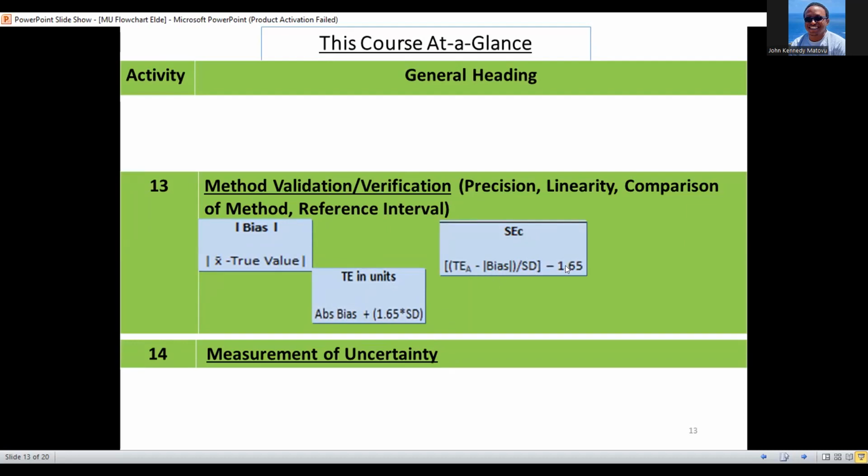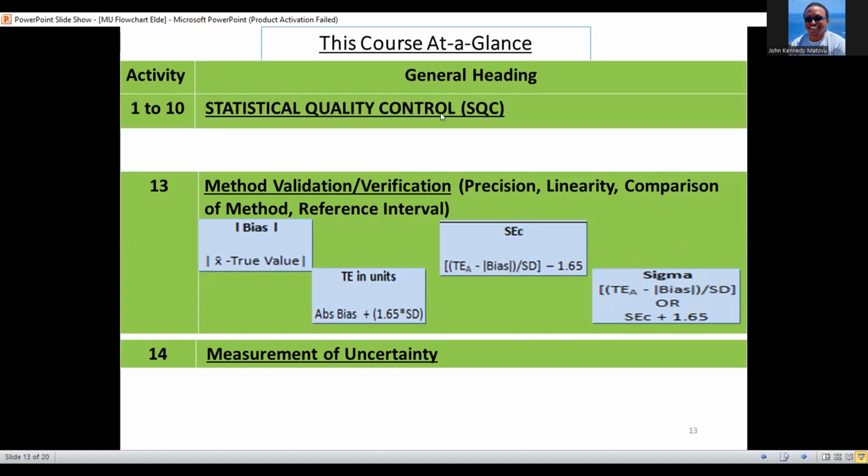Are you guys following? Now, how do we utilize the sigma? The sigma can guide you in that monitoring in your statistical quality control. So if you select a method that has a high sigma, then your QC would be easy and straightforward.